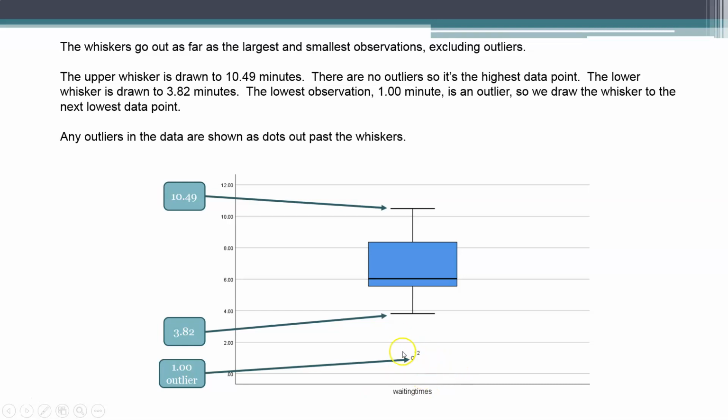So that's our outlier. And these are the whiskers here. The whiskers go out as far as the highest and lowest data points that aren't outliers. So if you were to take the outliers out, it's the highest and lowest data point of those that are remaining.